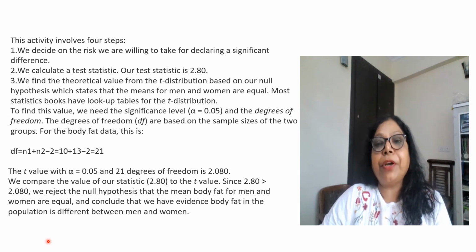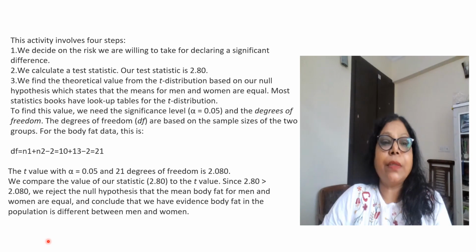For the body fat data, we decide that we are willing to take a 5% risk of saying that the unknown population means for men and women are not equal when they really are. In statistics, the significance level, denoted by alpha, is said to be 0.05. It is good practice to make this decision before collecting the data and before calculating the test statistic.